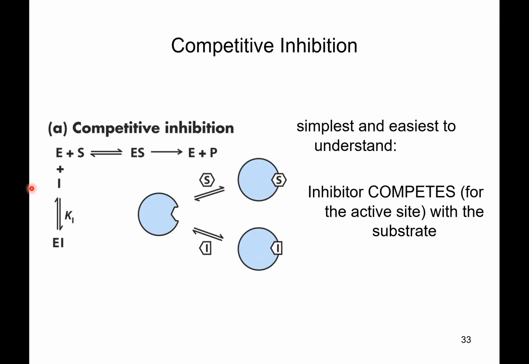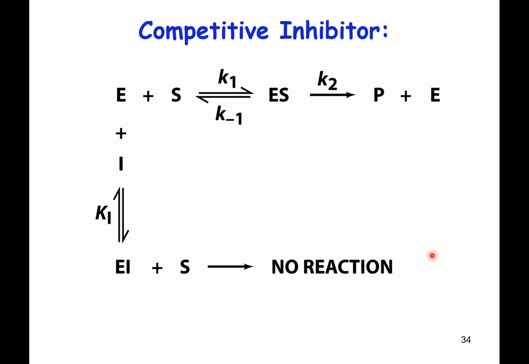This is really I think the simplest, easiest to understand. This enzyme inhibitor complex won't bind a substrate and no reaction occurs. So that's why it's an inhibitor. There are two equilibrium reactions competing here, and that's why we call it a competitive inhibitor. These two equilibria that are competing.